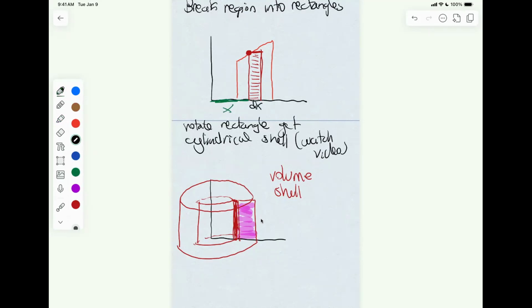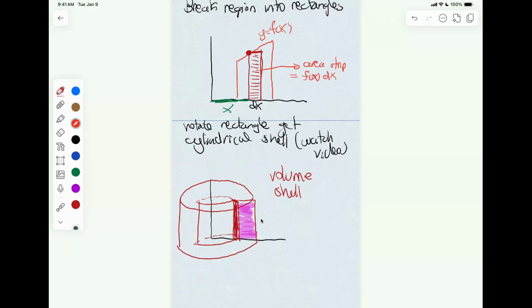Let's first understand the area. What is the area of this strip? The area of the strip is height times width. The height is the function, because you're looking at the graph of the function, so this is y equals f of x, times the width. That is the area of the strip.